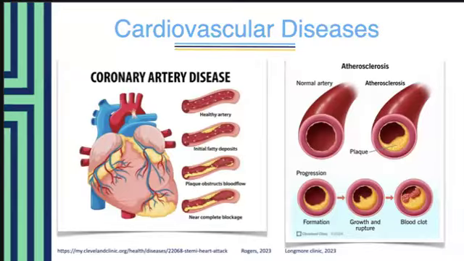The pathophysiology of atherosclerosis includes endothelial dysfunction, inflammation, lipid accumulation, and plaque formation. It occurs throughout the arterial system. So when this process affects the coronary arteries, it leads to the development of CAD, which can cause that myocardial ischemia, angina, myocardial infarctions.